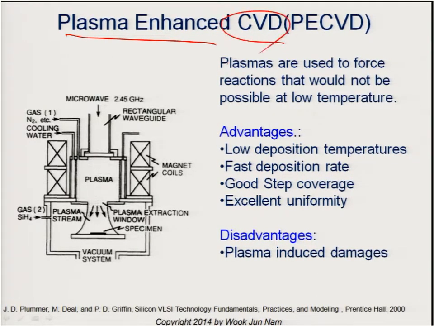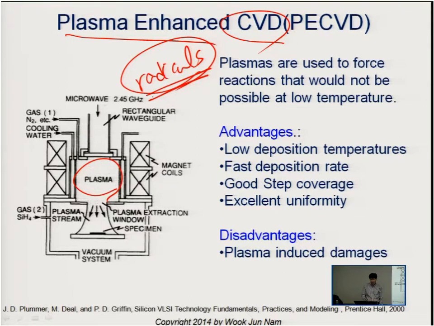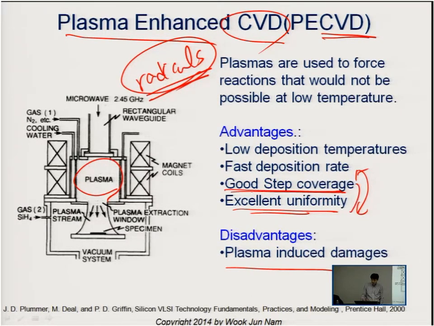Plasma enhanced chemical vapor deposition uses a plasma, so we are generating a lot of radicals, which are chemically unstable. These radicals drive the chemical reactions at a very low temperature. PECVD has the advantages CVD can offer, which are excellent uniformity and good step coverage.